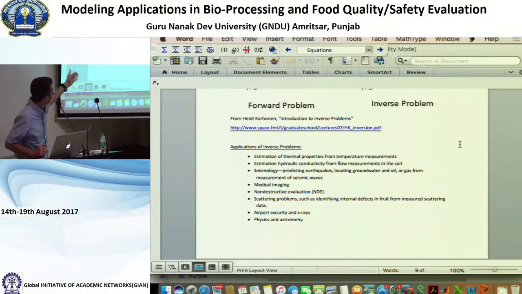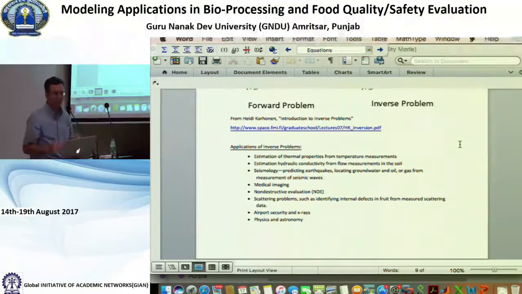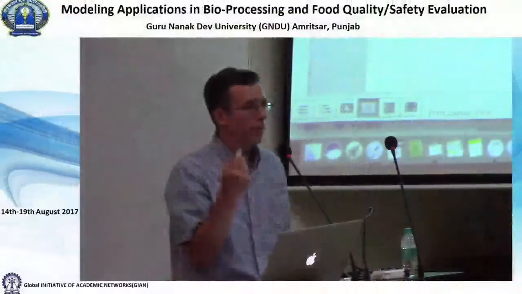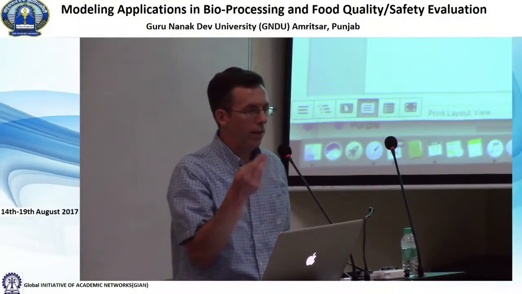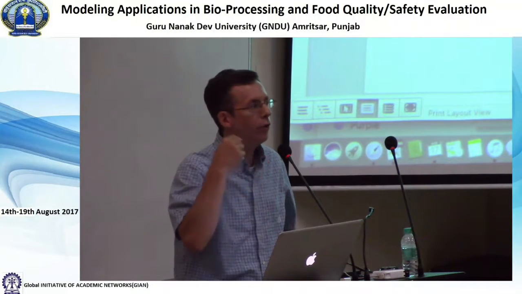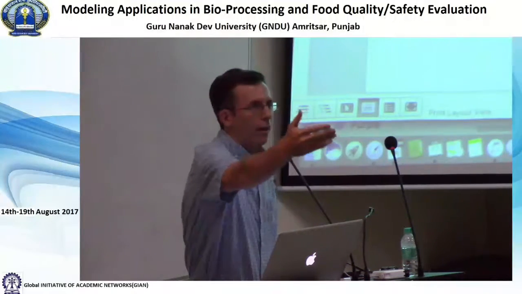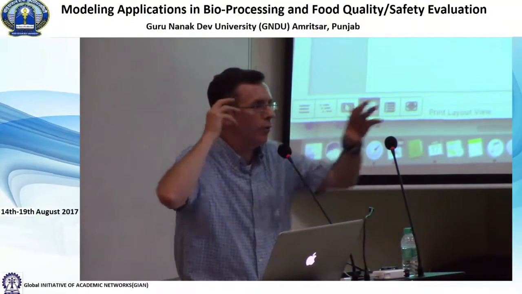But in medical imaging, airport security, physics, astronomy, drilling for oil, it's all inverse problem, because they're checking the bottom of the ocean and trying to find out the density. Another example: the submarines, the bats, and the dolphins. They all use echolocation. They send out a signal, they receive the signal, and they determine a location.